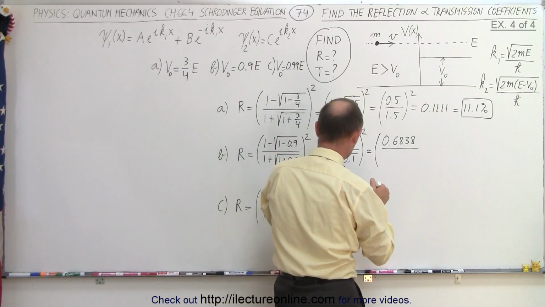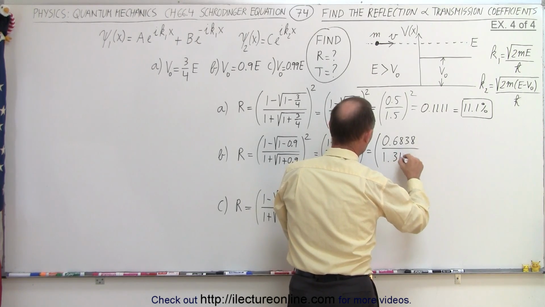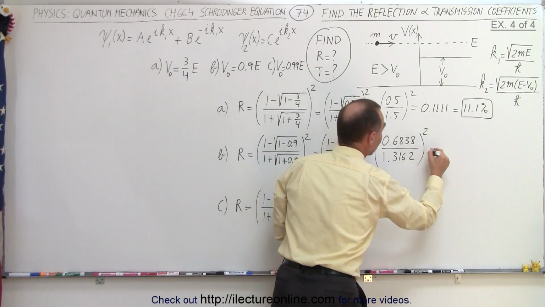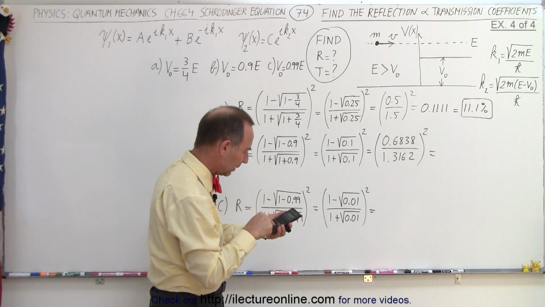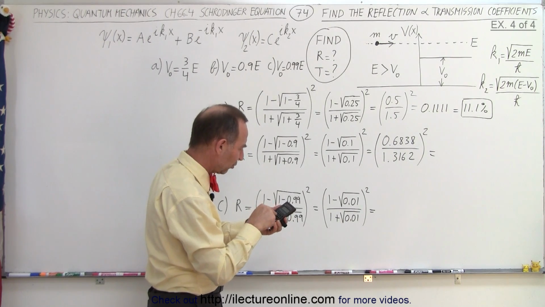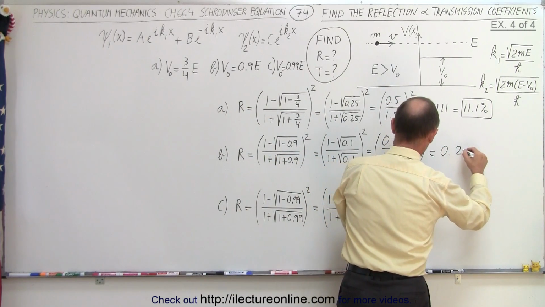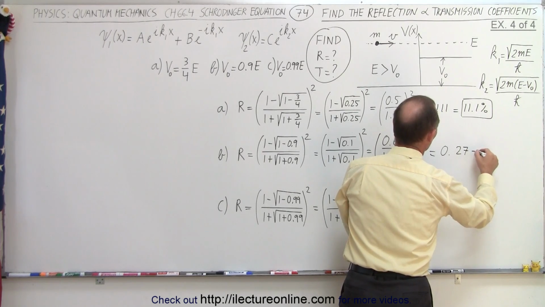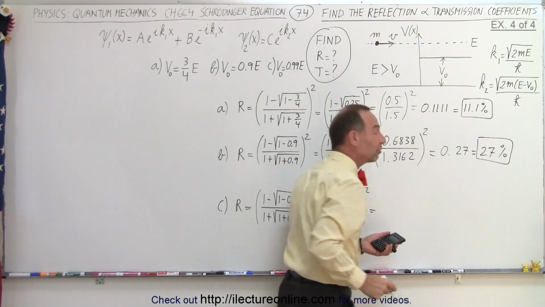So this would be 1.3162, and we have to square that. Can't forget to square it. So take the inverse of that times 0.6838, and then we square that number. We get 0.2698, so basically 0.27, which is 27% of the particles, which is kind of interesting.